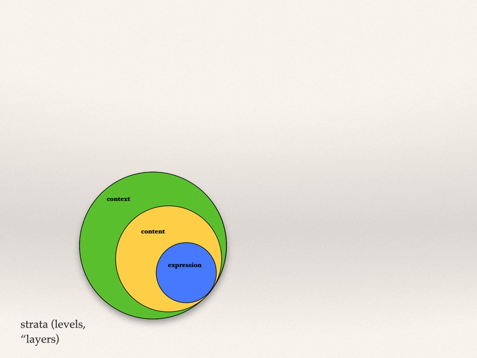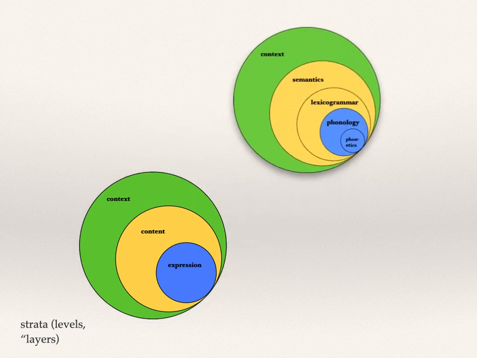And again, to pick up on Halliday's point, if we look at language as a particularly powerful kind of semiotic system of meaning, we see that both content and expression are further organized internally into levels or layers or strata.